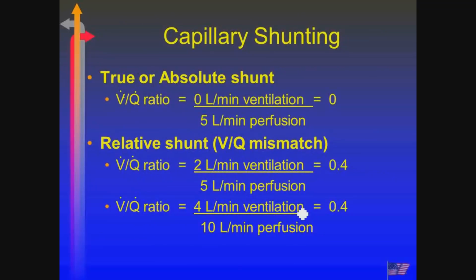So I would feel comfortable giving you an alveolar minute ventilation and a cardiac output, and you telling me what kind of condition exists, as well as doing the math. That's pretty much a no-brainer. If I have 2 liters of ventilation and 5 liters of perfusion, 2 divided by 5 is 0.4. I don't need a calculator to do that one. Okay, maybe I do.